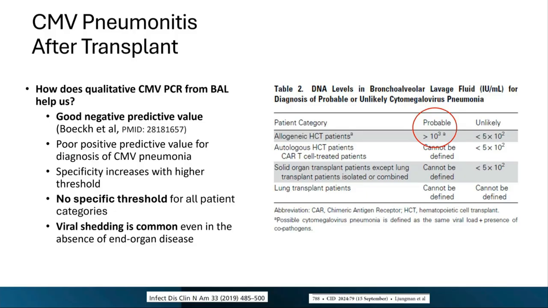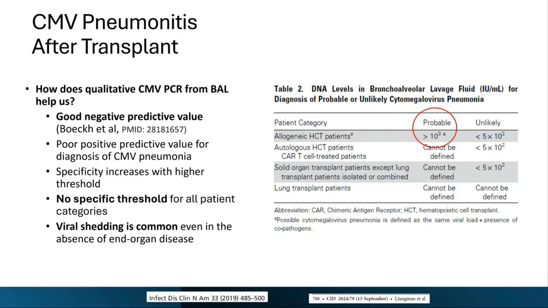There's still a lot of unknown. But out of all of this information about how you interpret CMV on a BAL, you should remember that CMV PCR has a very good negative predictive value. So if your CMV PCR is negative on a BAL, it is extremely unlikely that your patient has CMV pneumonia.